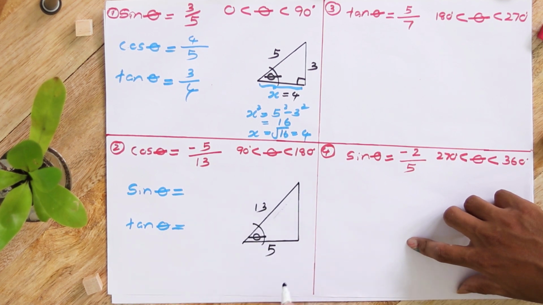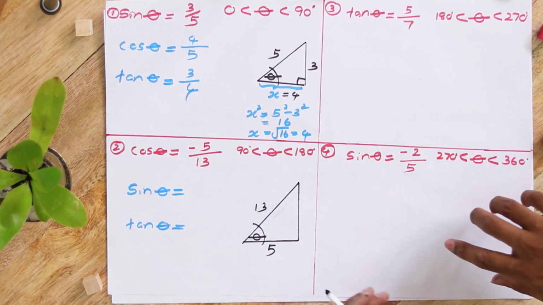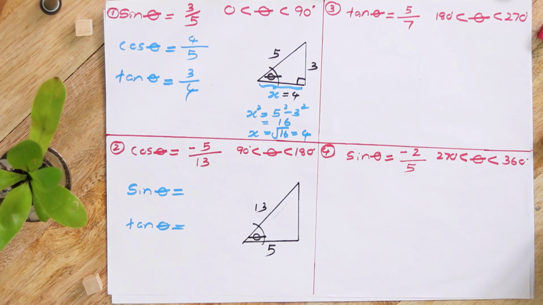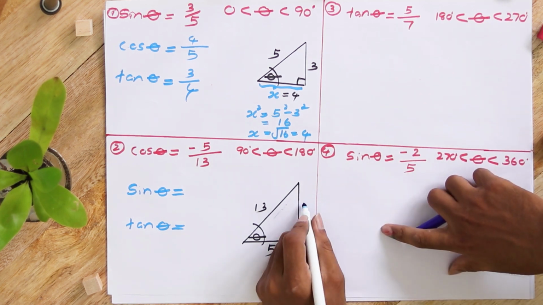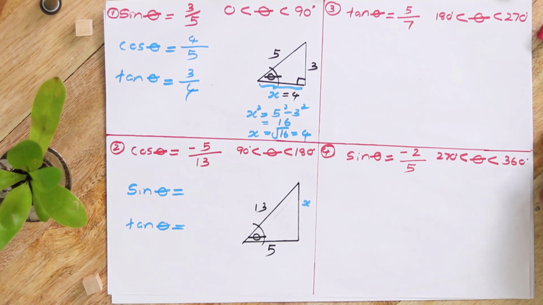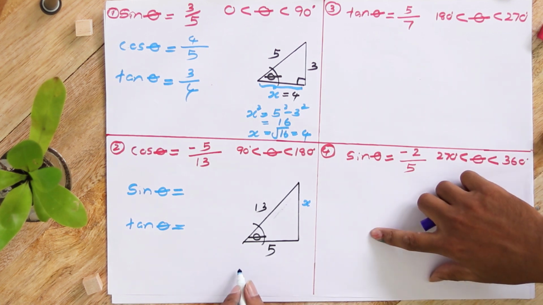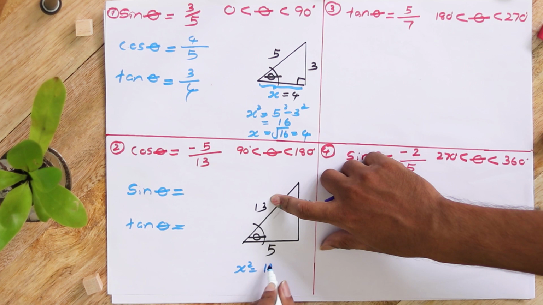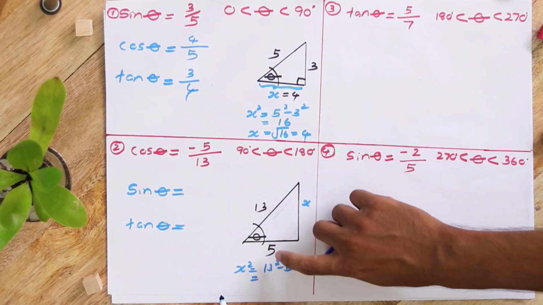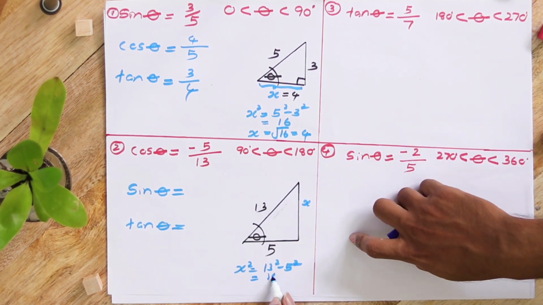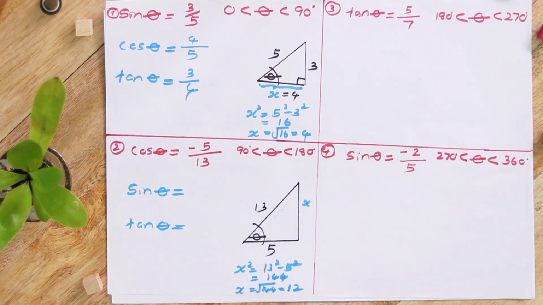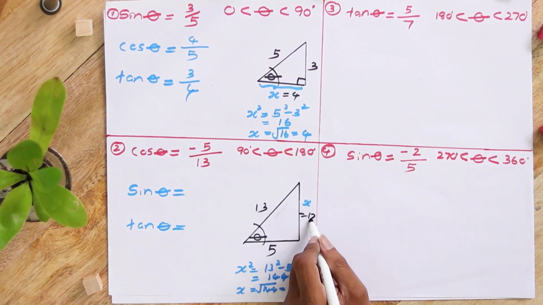So using the Pythagoras theorem, let's say this side is x, so x square equals 13 square minus 5 square, which is 169 minus 25, which is 144. So x will be square root of 144, which is 12.